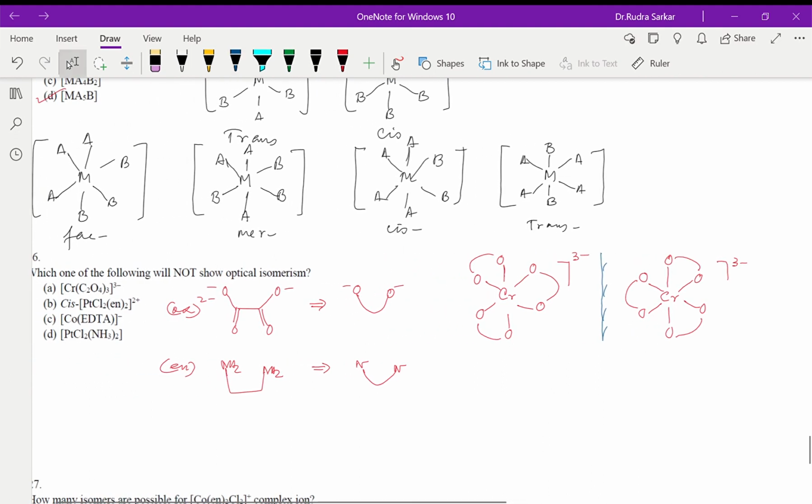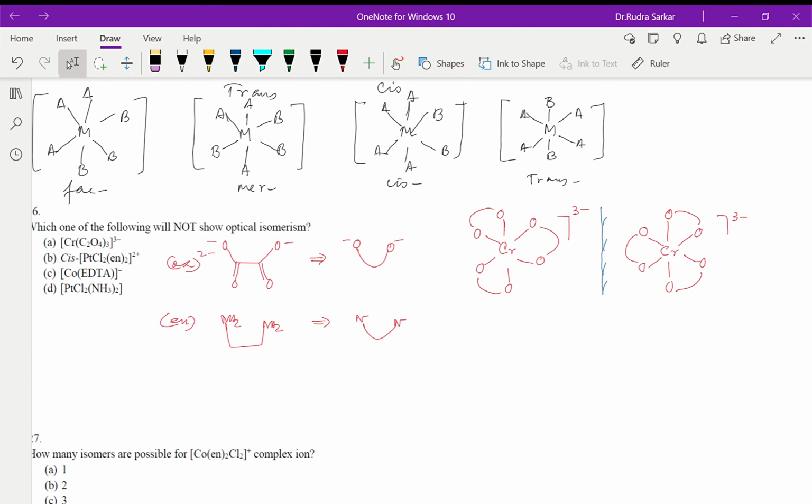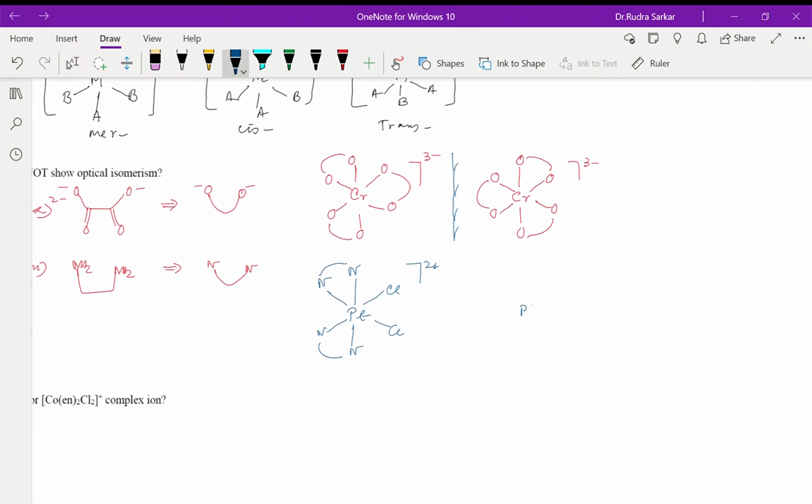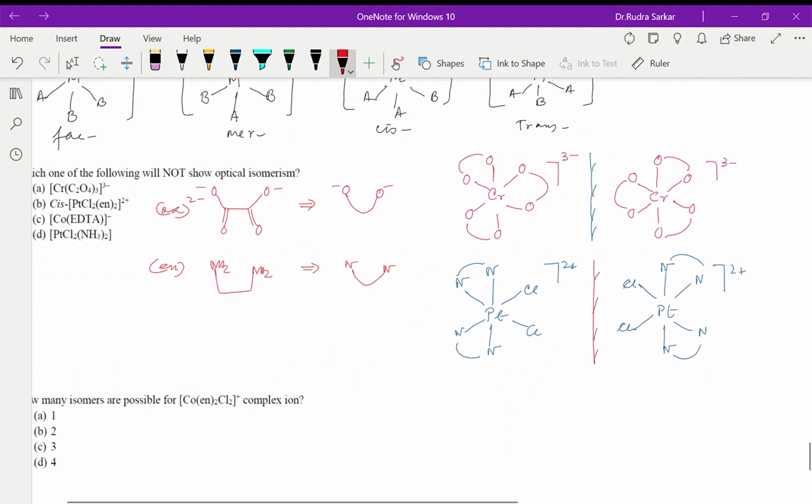Similarly, for cis-[PtCl2(en)2]2+. This is the one, and its mirror image will be so. That is how it is.